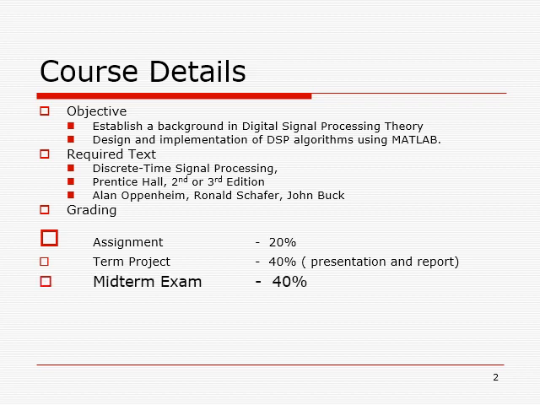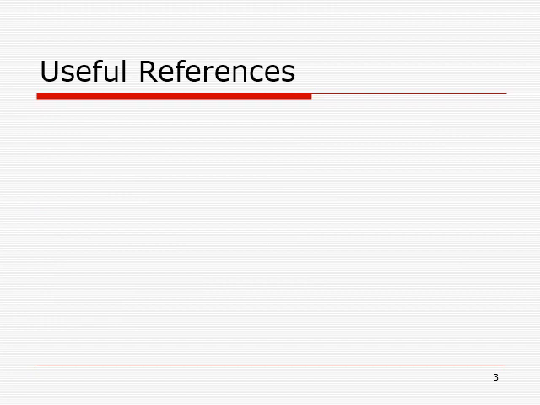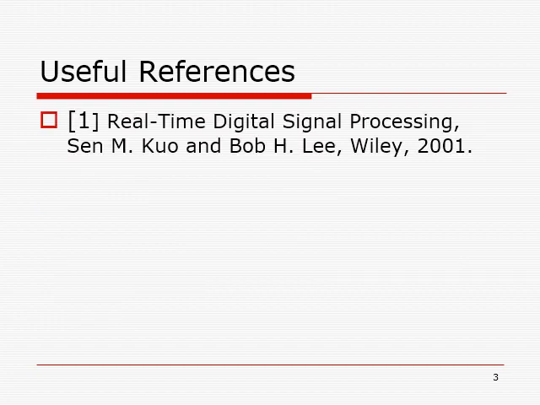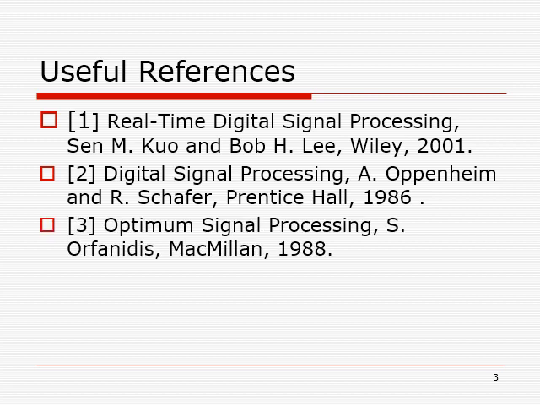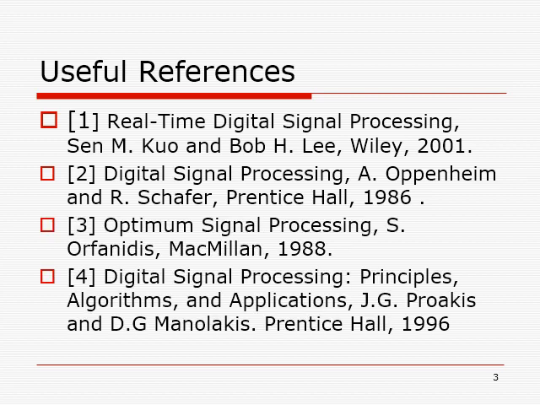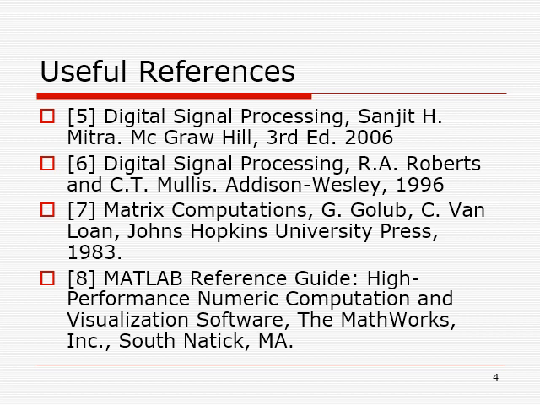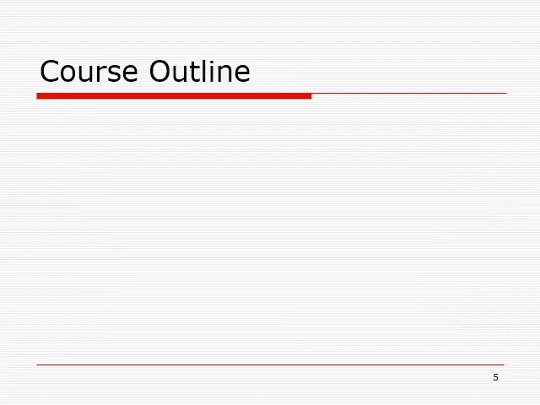Okay, we have a midterm exam, 40%. For assignments, I'm going to post problems in Blackboard, and I will also provide solutions. Besides the textbook, there are also some reference books you can take a look at. Let me know if you have any questions.